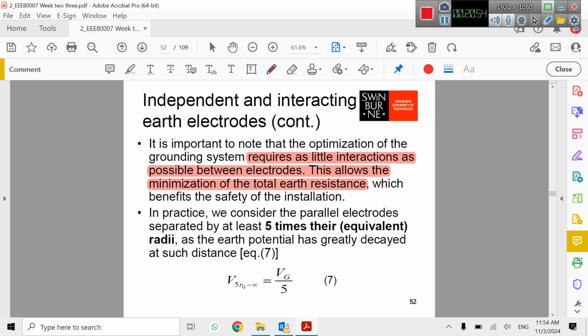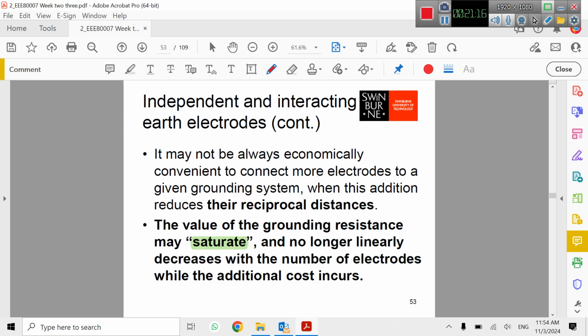So the interaction between them has to be considered. Here again it is mentioned for the practical action, the D, the distance between two electrodes, should be more than 5 times the radius.